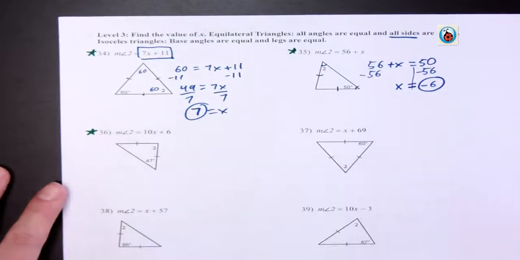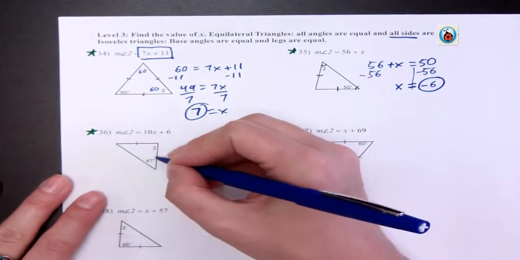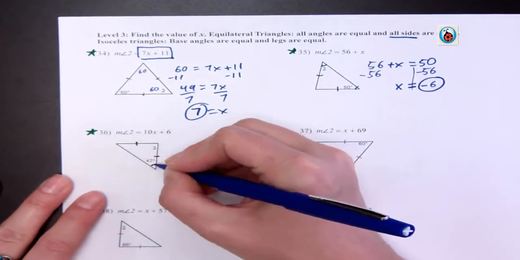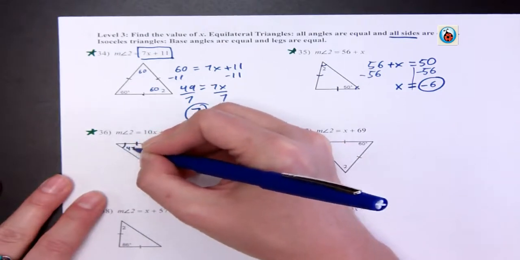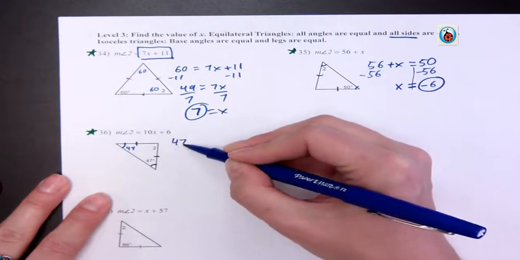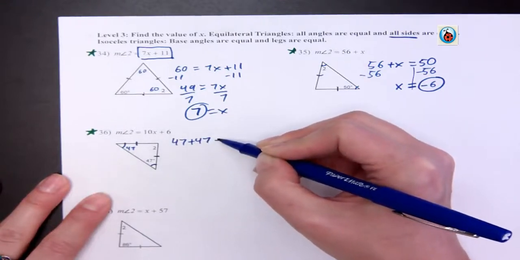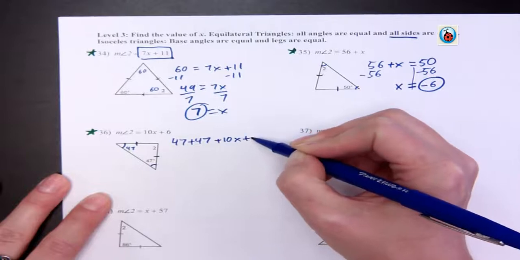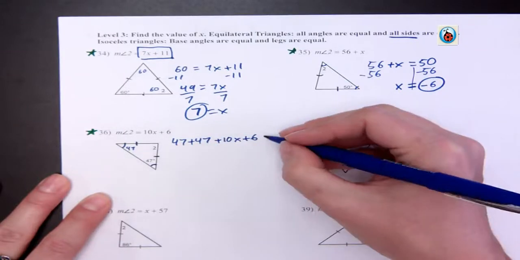Alright, 36 has one more step, because in this case these are our legs, and so these are the base angles, so that's 47, 47. And so I can do it two ways. I can say 47 plus 47 plus 10x plus 6, which is my third angle, equals 180.